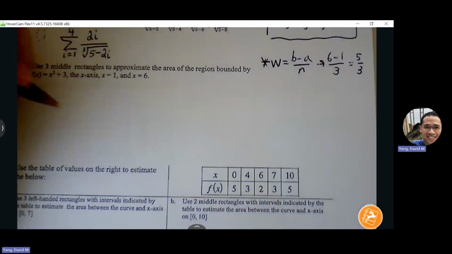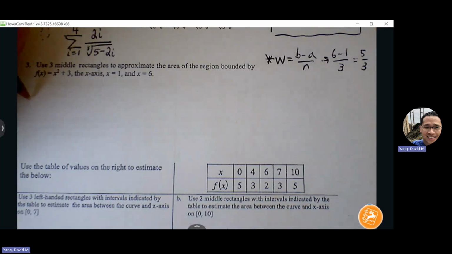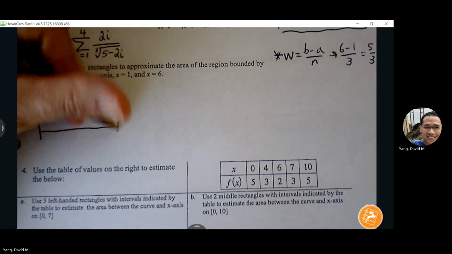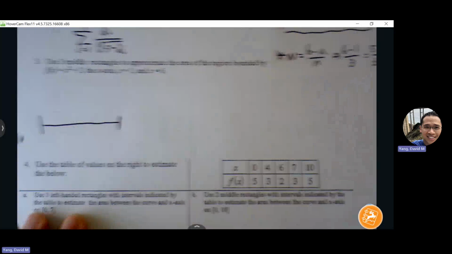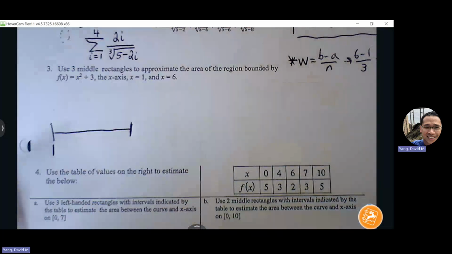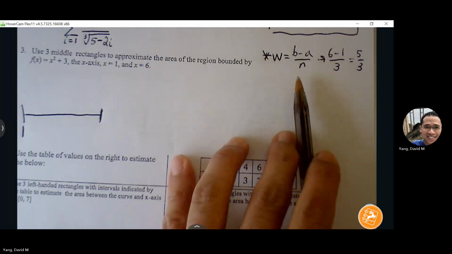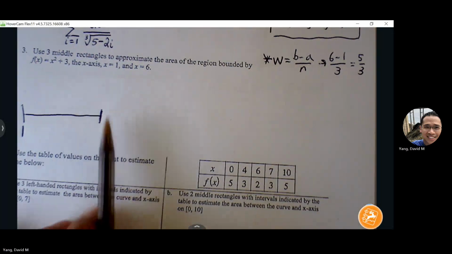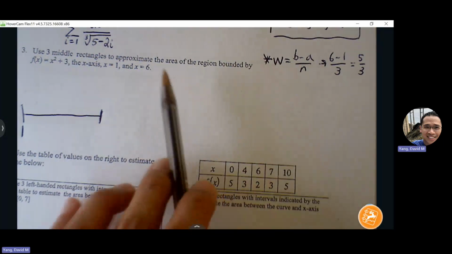Let's do an abbreviated x-axis so that we can move along our subintervals. We're going to start at 1, and we're going to keep adding 5/3 until we hopefully get to 6.